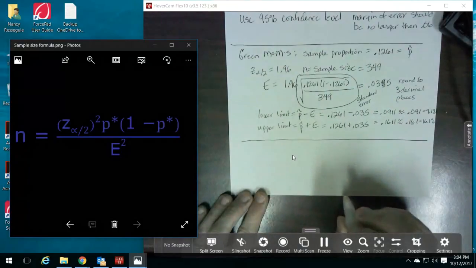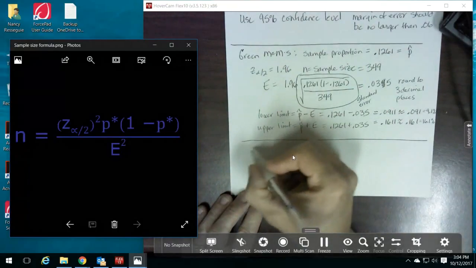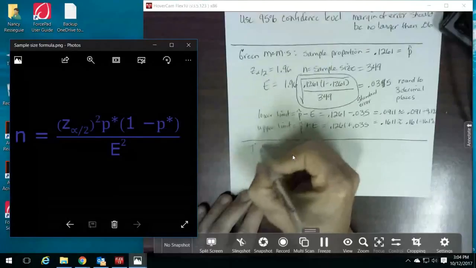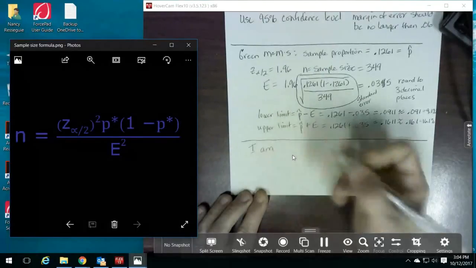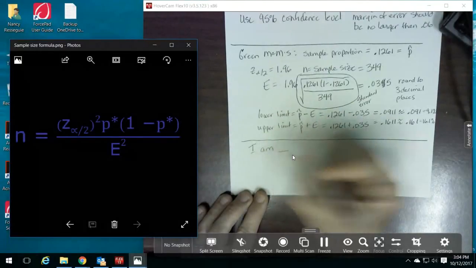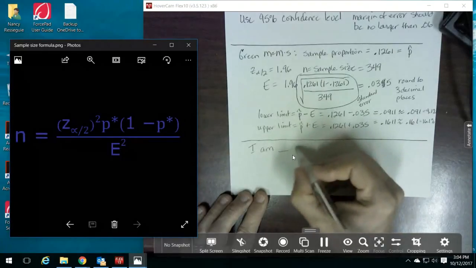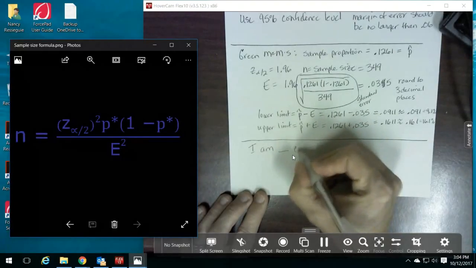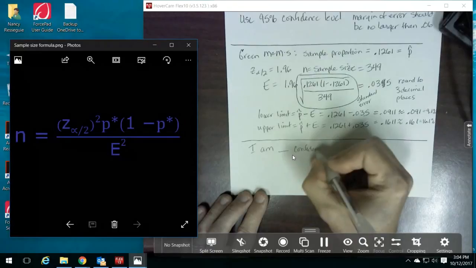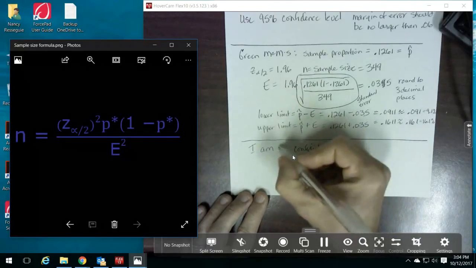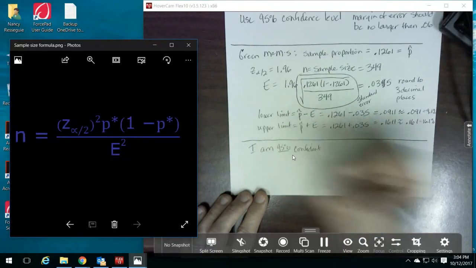And I gave you a standard form that you can use in the assignment. And that's basically like this. It's going to say I am, and then you put your confidence level in here. So for me, since I used 95%, I would put in 95%.